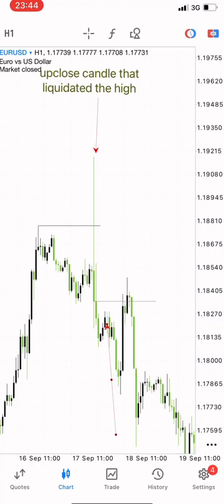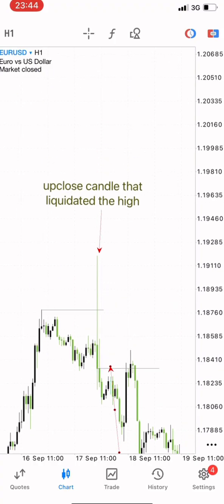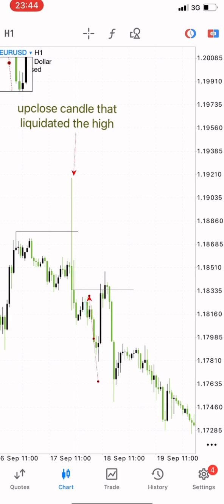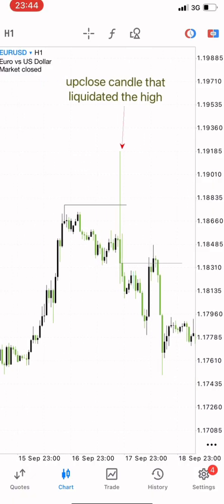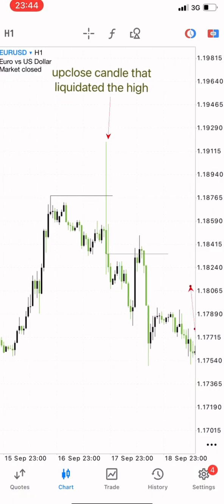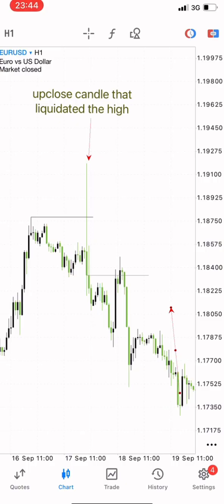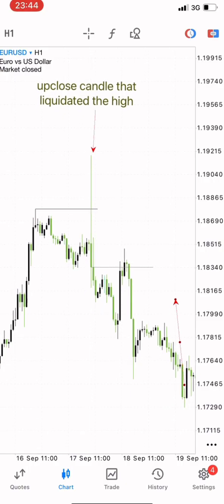So in this situation, they're forcing price above the old high, enticing new longs, stopping out old shorts. And as soon as they close below this one specific candle, they're showing intention of using this one specific candle as the trap and as the propeller to push price the other way. So they push price into the high.